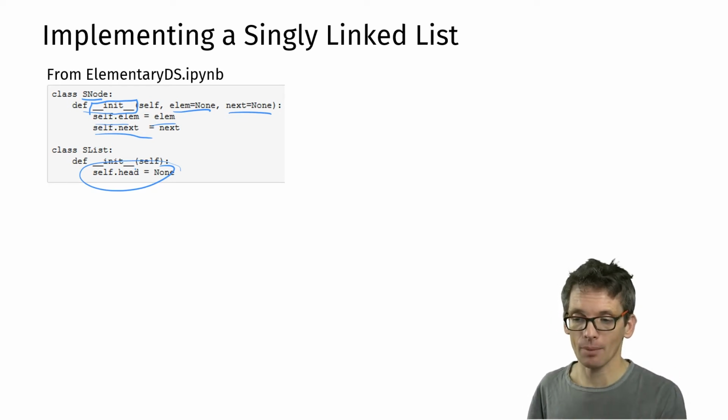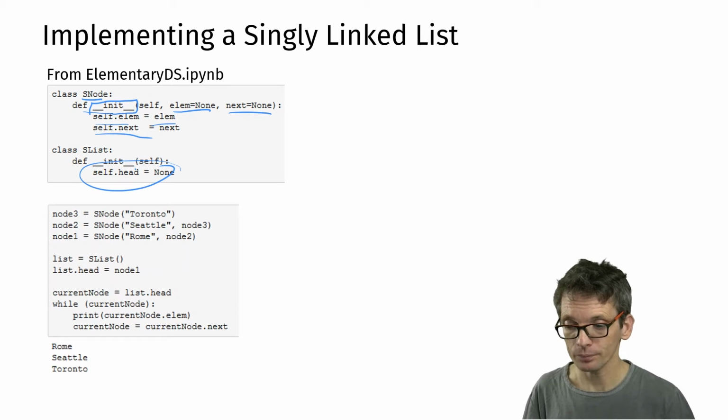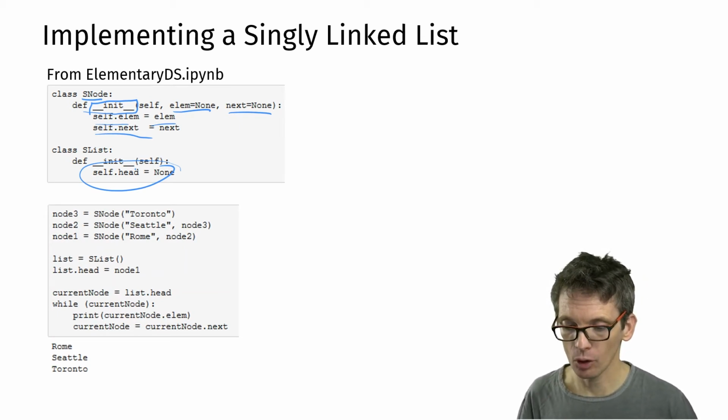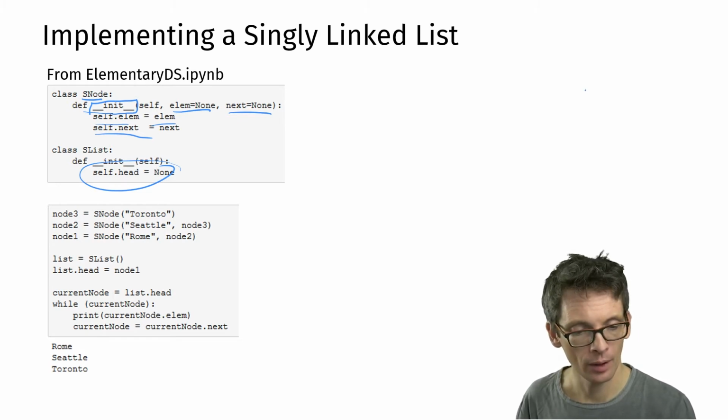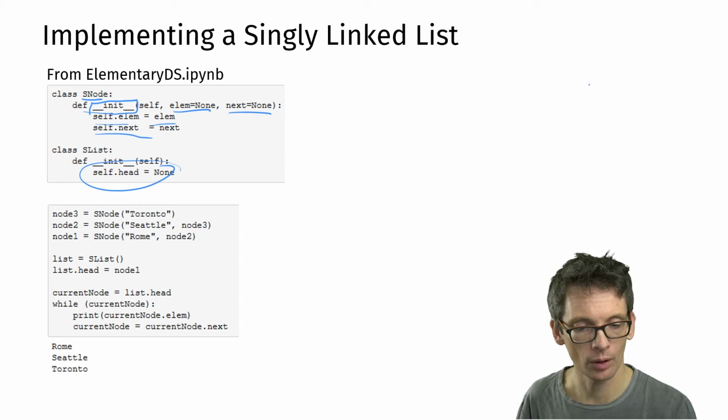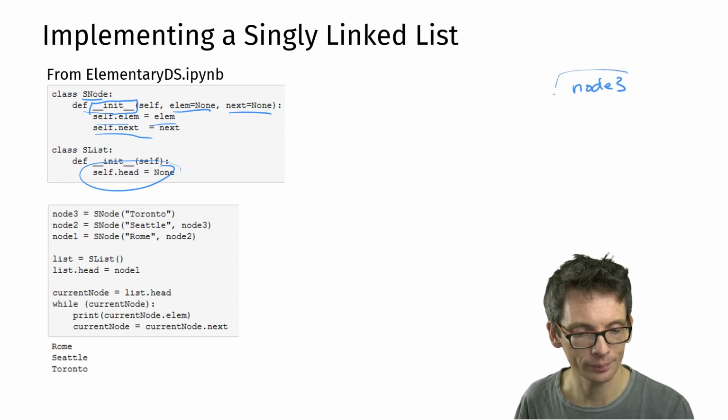Let me give you an example. This is a very basic linked list implementation. You can of course implement more operations when needed. So here's an example. We have this node 3. Let me draw this node 3. We always had these nodes. I put the name on top here, node 3.